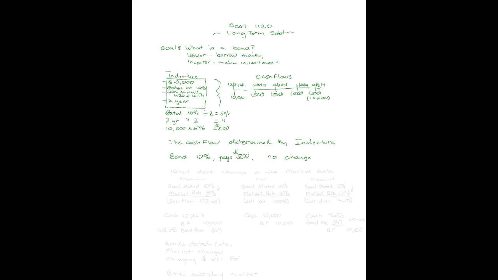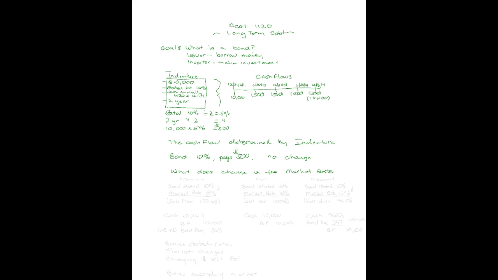But what does change is the market rate of interest. It wouldn't be uncommon for the market to change during the time we were putting this bond in place. It takes a long time to get a bond out the door.